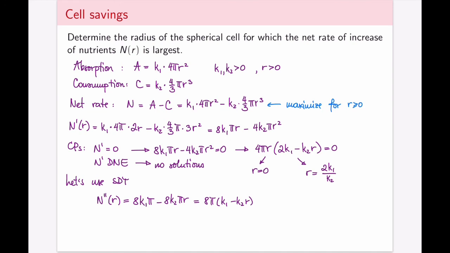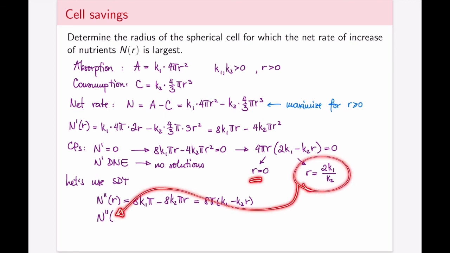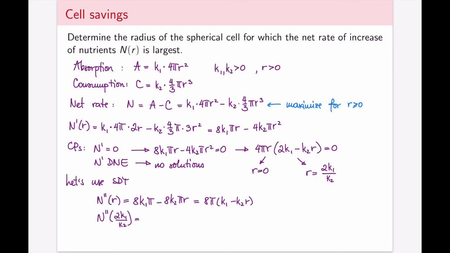In order to apply the second derivative test, I'm going to take my critical points. Again, I don't so much really care about r equals 0. I'm going to take my only non-zero critical point and plug it in. So 2k1 divided by k2 goes in for r. So that means that this r has to be replaced by this expression. Okay, so what am I going to have? I don't want to write out all of the math.